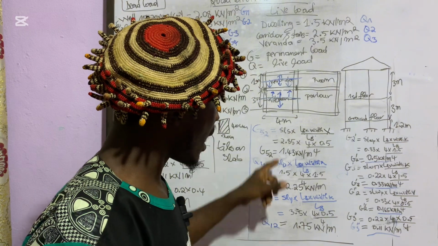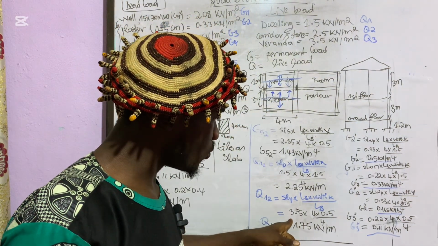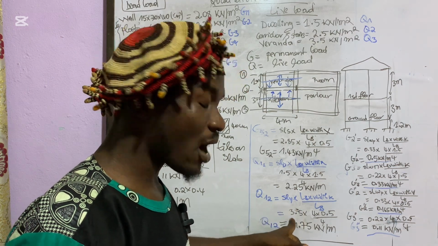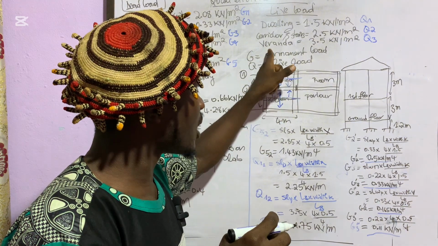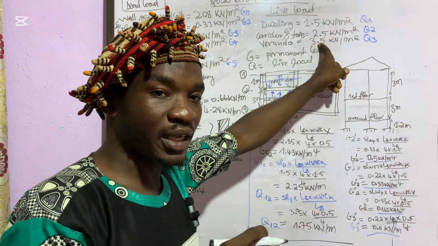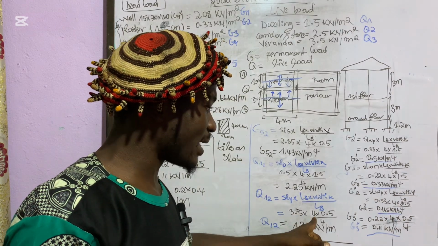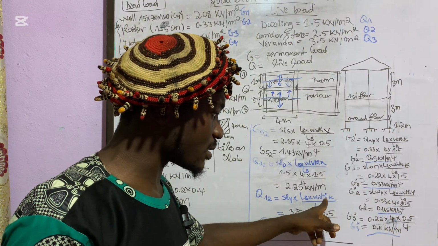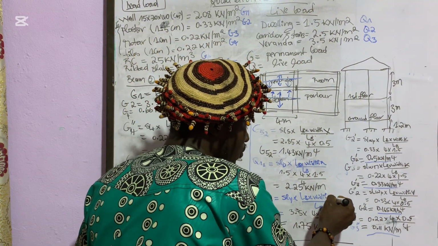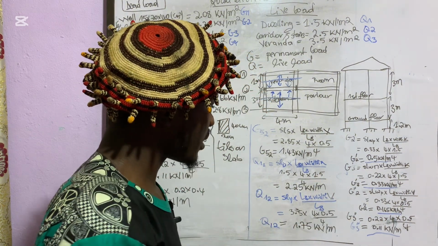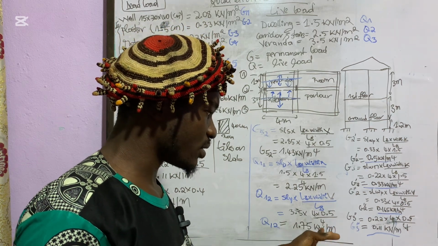Now for the other part of the slab, the half of the slab of the veranda, we do the same. The live load for the veranda will be different. As you can see, the veranda has a live load of 3.5 kilonewton per square meter. So we take that live load times length of the beam, times width of the veranda, divided by length of the beam. That's 3.5 times 0.5 directly, because the 4 will cancel.